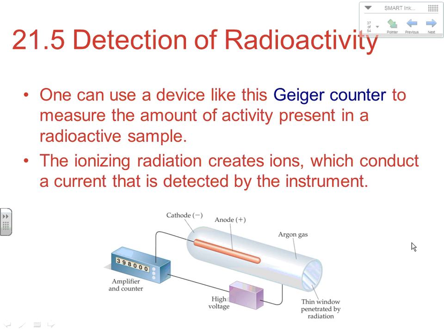Now, the ionizing radiation that occurs when a particle decays and an alpha or beta particle comes off will create ions. And because you now have ions, you can conduct electricity. So what you can really do here is basically have a gas, and as these high-speed particles come out of your decay, that will cause the gas to ionize, which will make the gas conduct electricity a little bit more.